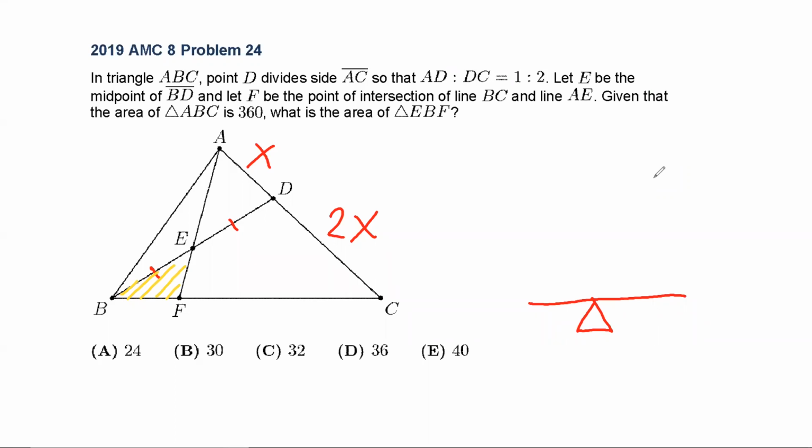So for example, each point in this figure has a certain weight. And their weights are related in how the side lengths of this triangle are related. So for example, if DC here has twice the length of AD, then that means that point A has twice the weight of point C. So that's basically how mass points works.